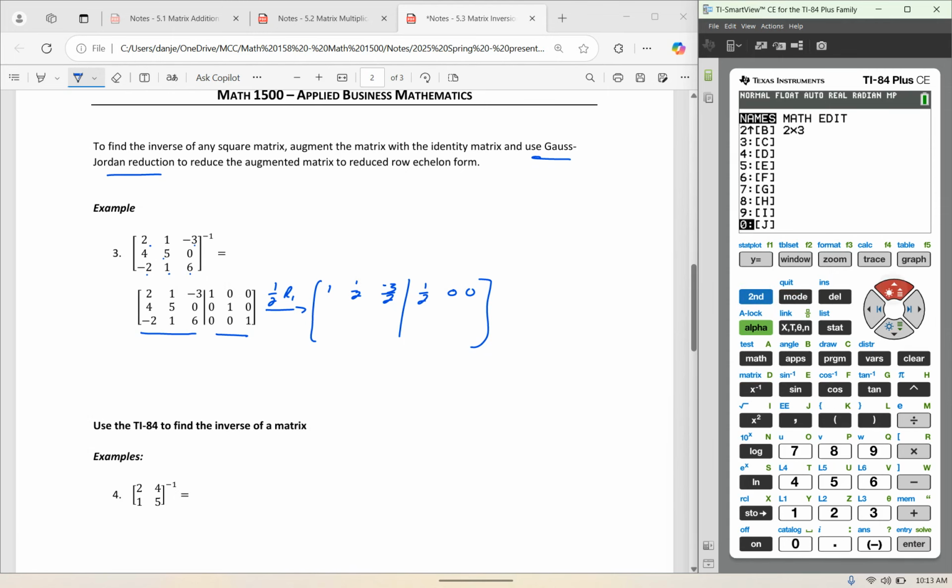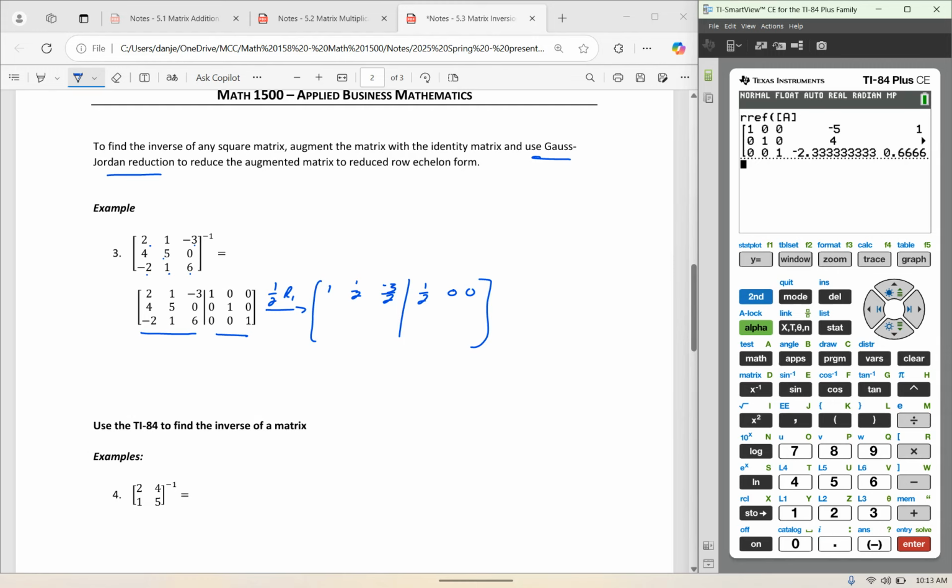I go back to my matrix math, and when we went down to option B, reduced row echelon form for matrix A, we've got a mess.